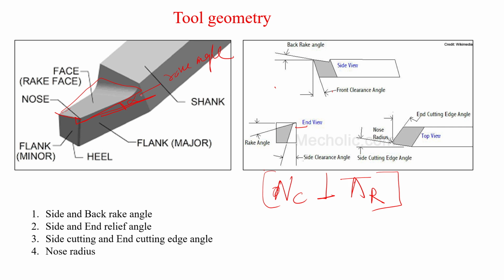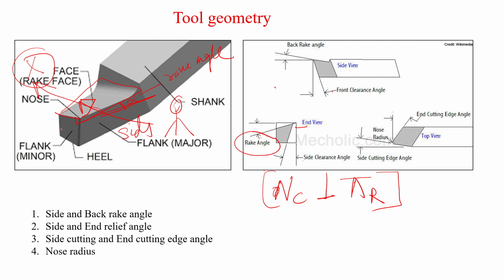When you are standing here and seeing it from the side view, this is called side rake angle. This is the x-axis. So when it is measured on the x-axis, it is called side rake angle.